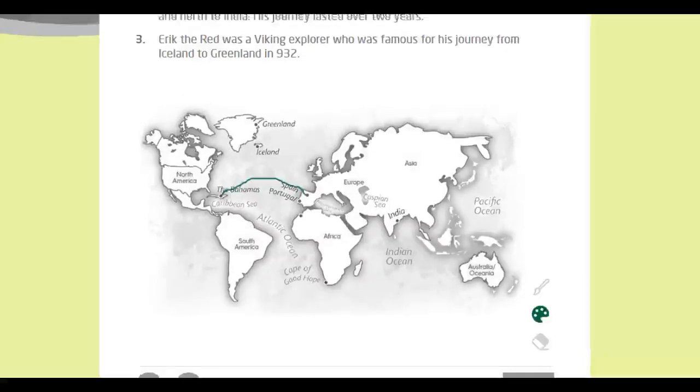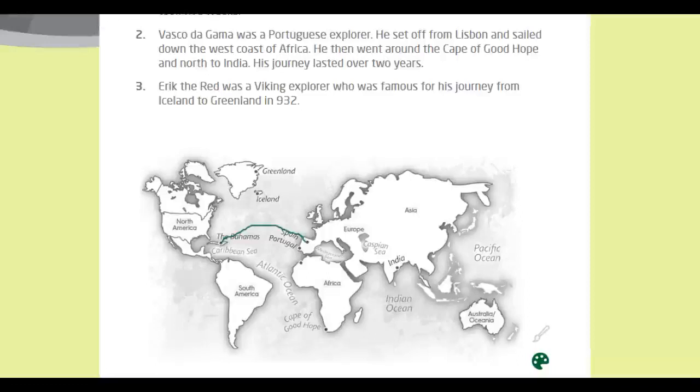Let's check number 2. Vasco da Gama was a Portuguese explorer from Portugal. He set off from Lisbon, the capital of Portugal. Brasília is from Brazil, Lisbon is from Portugal. He sailed down the west coast of Africa, then went around the Cape of Good Hope and north to India.